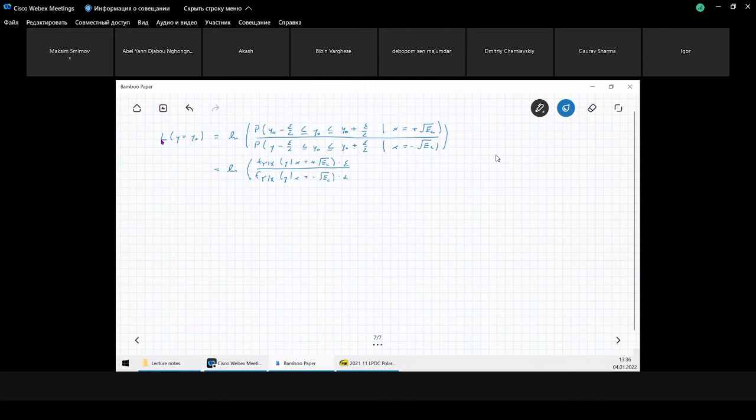And now you already see what happens. Epsilon cancels out here. So we just get the ratio between these two probabilities.